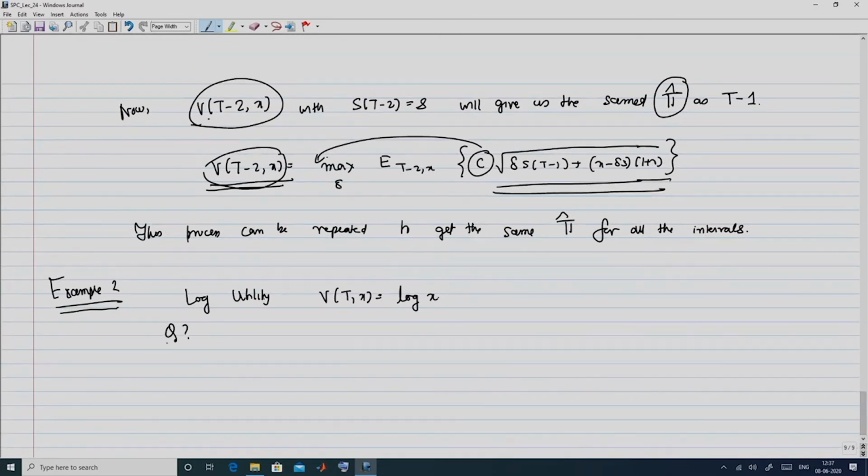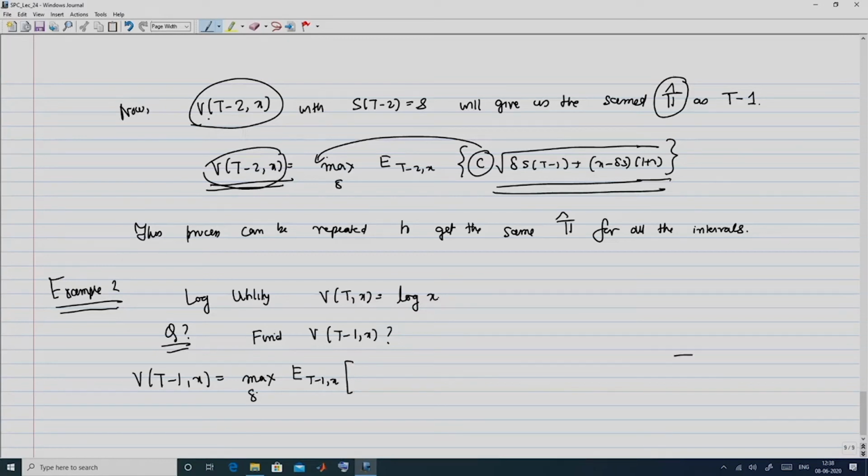And as before, the question is: I want to use the dynamic programming principle to find what is v of t minus 1 comma x. The dynamic programming principle gives v of t minus 1 comma x. This is going to be nothing but the maximum value over delta of the expected value at t minus 1 comma x.